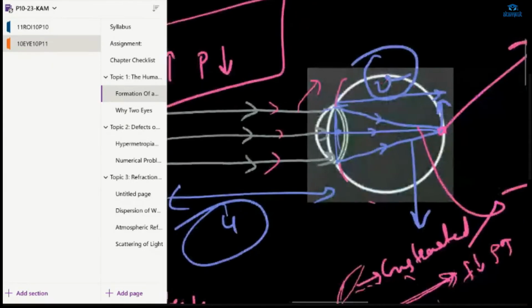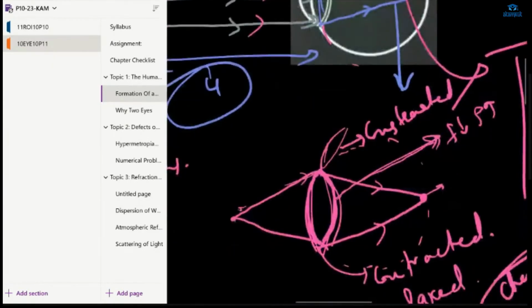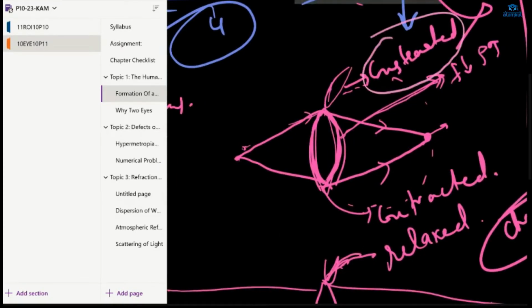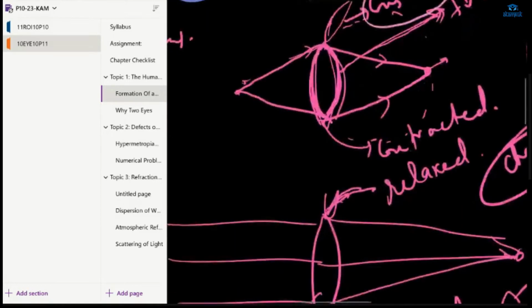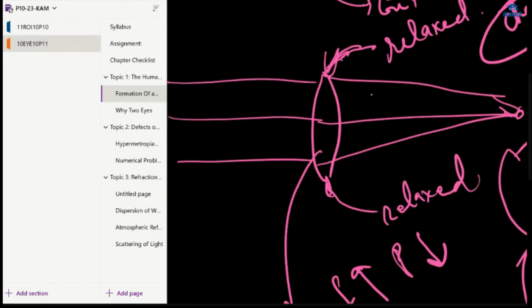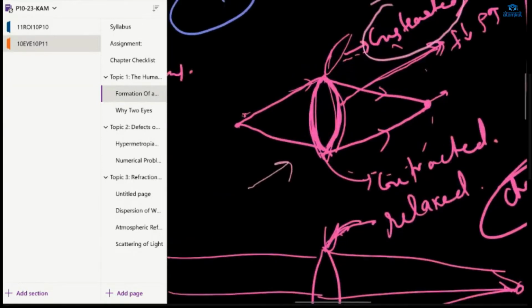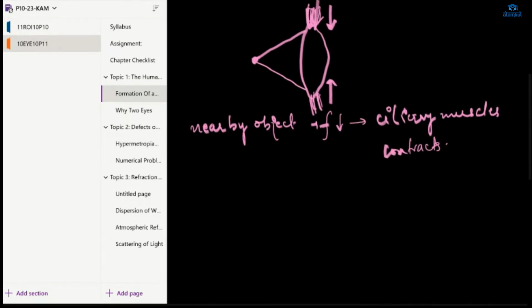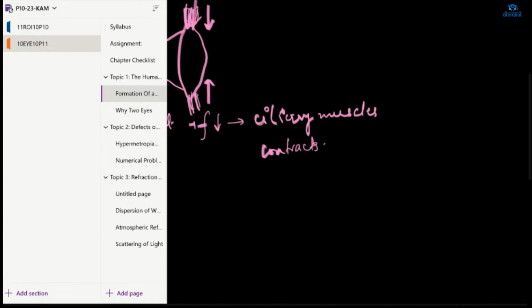In the very starting, I accidentally said that it gets relaxed, but here I wrote that it's contracted. It will be contracted when we see nearby objects. So if you are seeing nearby objects, the ciliary muscle contracts and thus the focal length decreases.